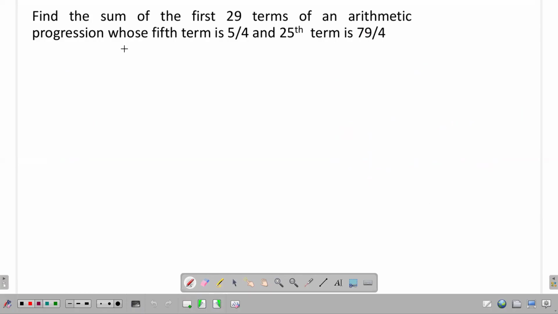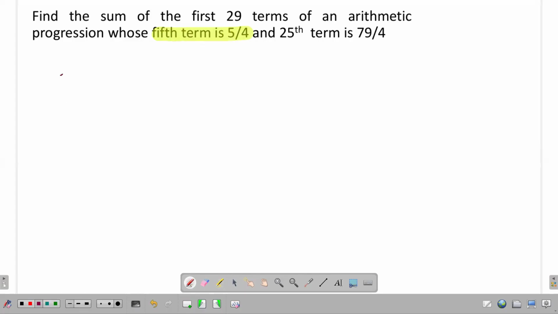Here you are asked to find the sum of the first 29 terms of an arithmetic progression whose fifth term is 5 by 4 and the 25th term is 79 by 4. Let us consider the first term as A and the common difference as D. As indicated in the question, the fifth term is 5 by 4.